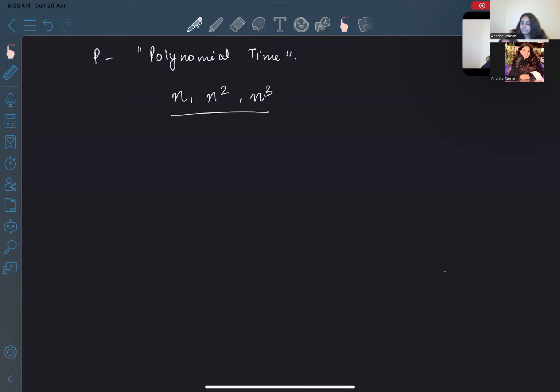For example, let's say sorting a list of names or finding a shortest path in a map.